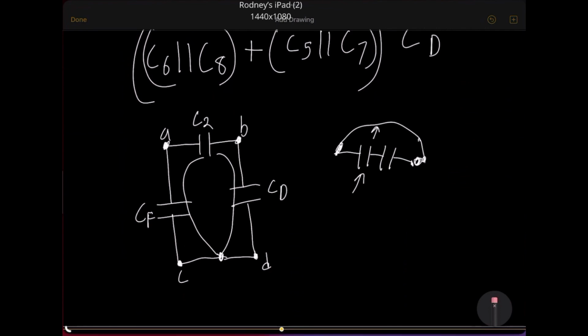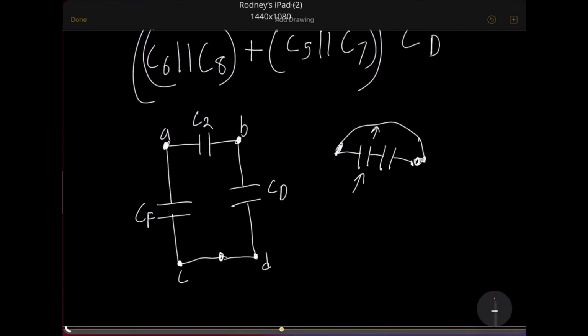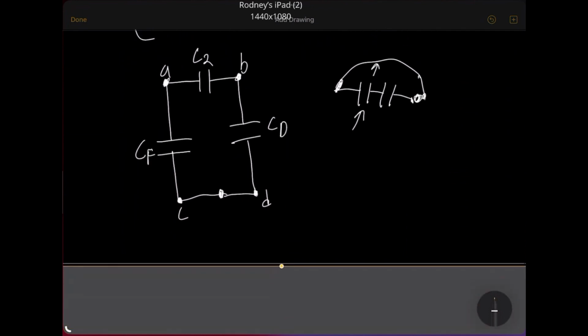So there's two different paths. And if they were in series, if you could get to this point down here without taking two, then they would be in series, but they're not. So it's going to be CF in parallel, but they combine like resistors in series.